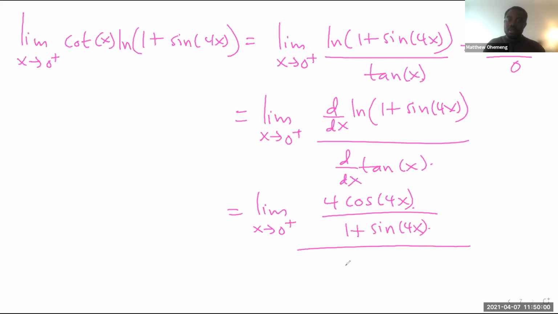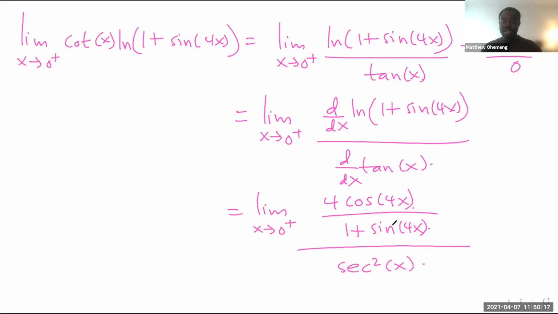The derivative of tangent is secant squared of x. So simplifying things here. This one is long. Let me just finish this and then that'll be it.